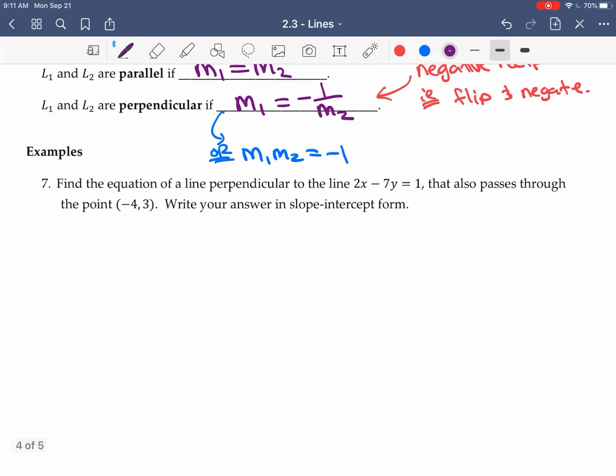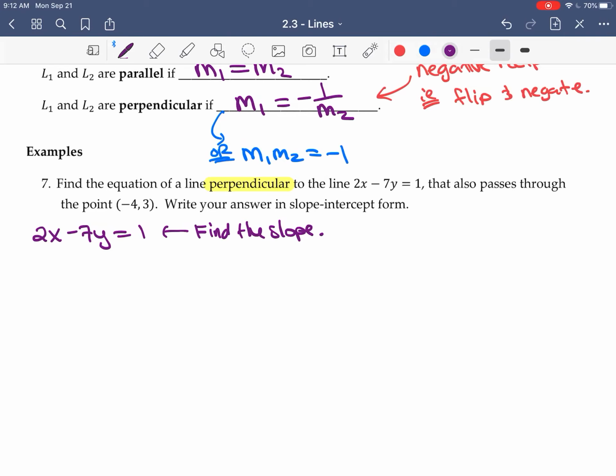So find the equation of a line perpendicular to the line 2x minus 7y equals 1 that also passes through this point. What we're going to do first is take this equation that they gave us, and we want to find the slope of that line. So I'm going to put it into slope-intercept form.